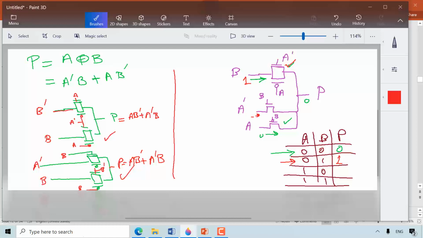There will be a 1 here going through this all the way to here as a 1. So you will have 1 written from two directions. Okay, what happens when A is 1 and B is 0? That's the third combination.